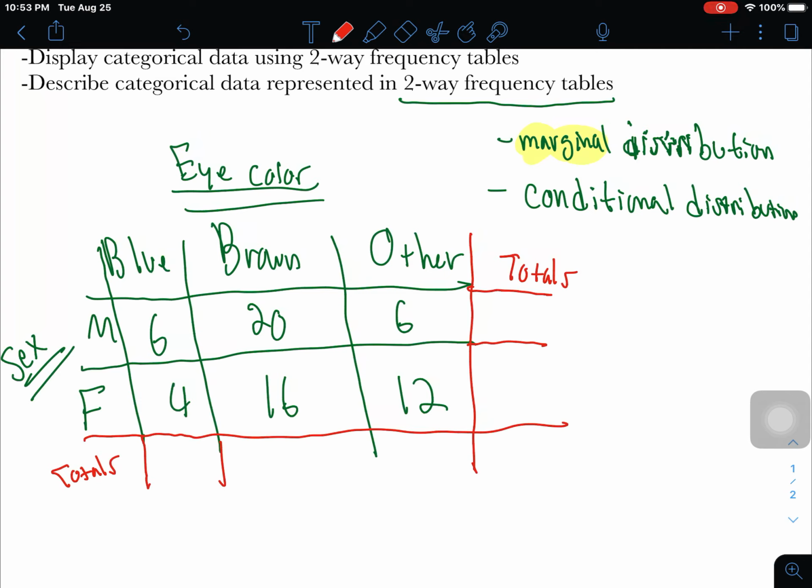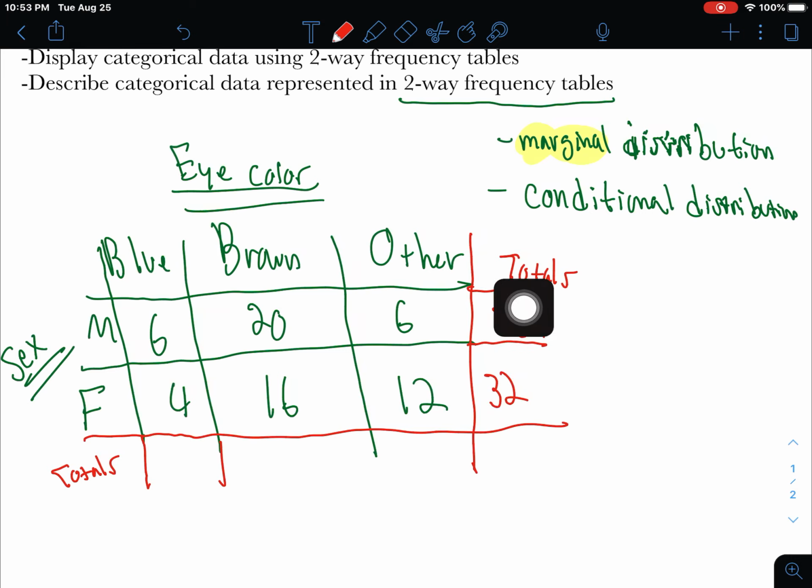So if I total the males going across like this, I can see that 6 plus 20 plus 6 is 32 males. And similarly, I can do the same thing for the females going across. 4 plus 16 plus 12 will give us 32 females also.